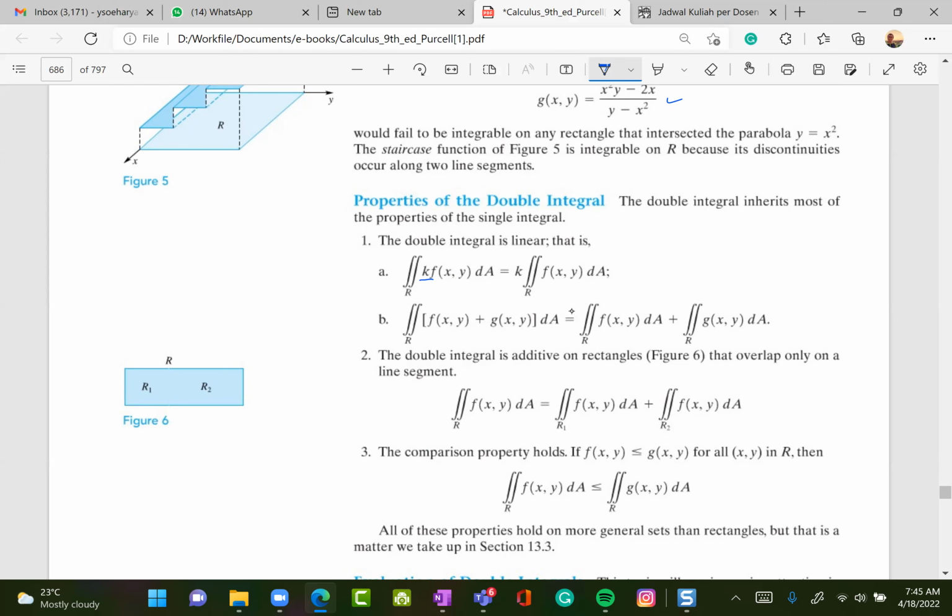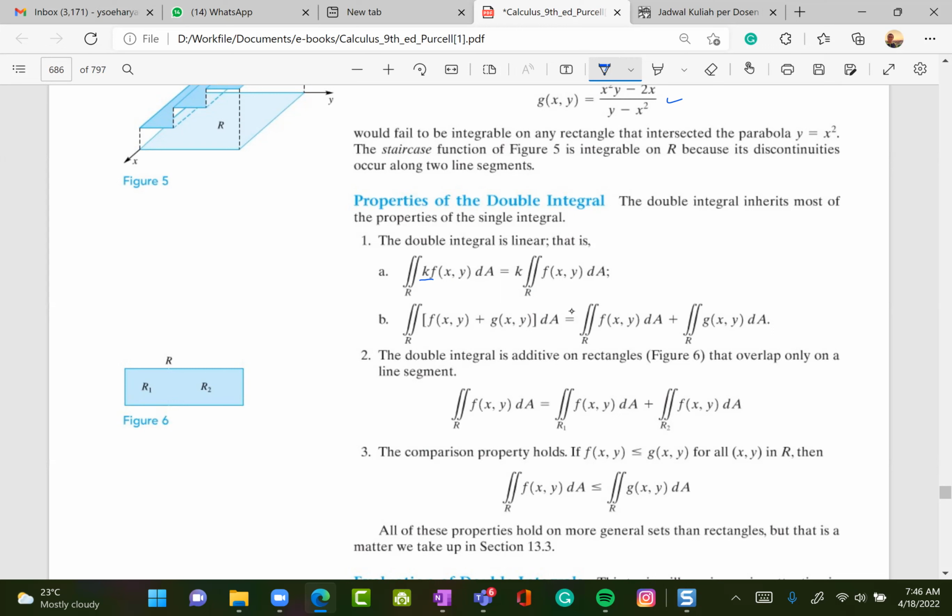Here on the left-hand side you integrate the sum of functions, and on the right-hand side you see the sum of double integrals. So apparently these two operations, double integral and addition of functions, commute.